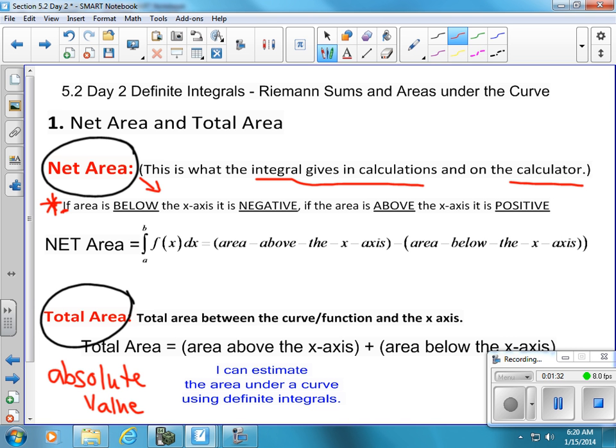And we put it in our calculator actually like this, if we have to put it in our calculator. It does not take into consideration the negative and the positive, like net area does. This is a very, very extremely important distinction. Please look in your book, listen to this again, read it again, understand it.